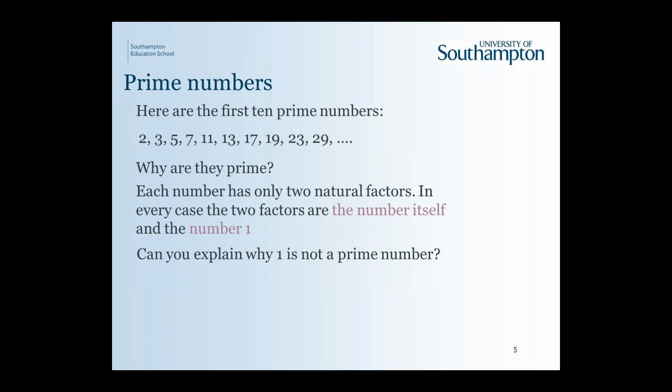It's only got 1 because the number itself is the number 1. But if you've got a higher ability class, then explaining it as you've just done will make much more sense than later when they have understood, as we're about to do, about composite numbers.